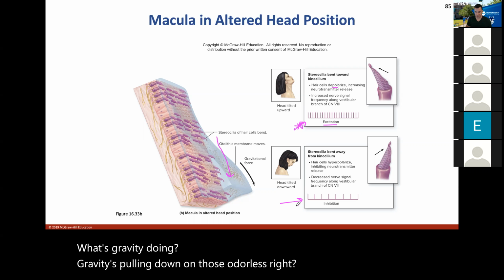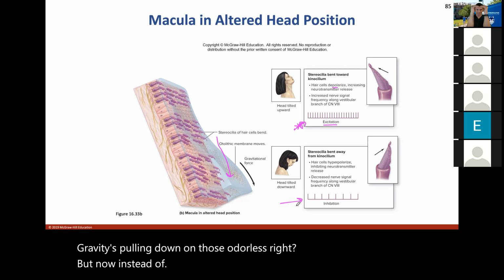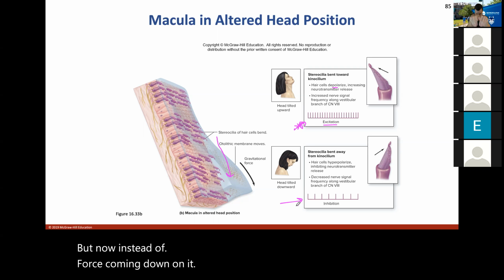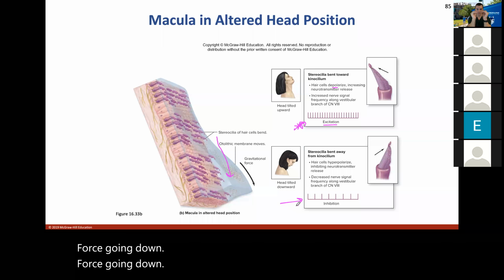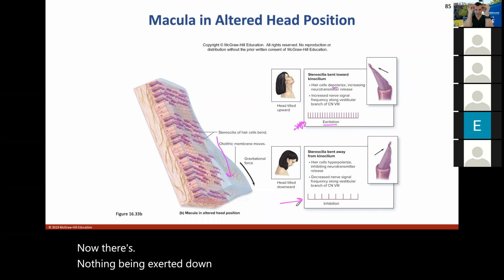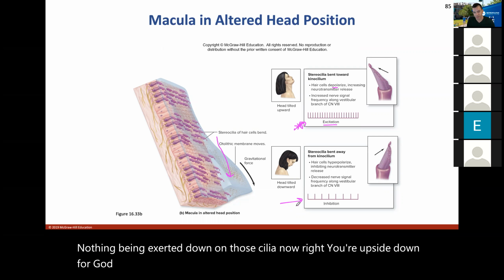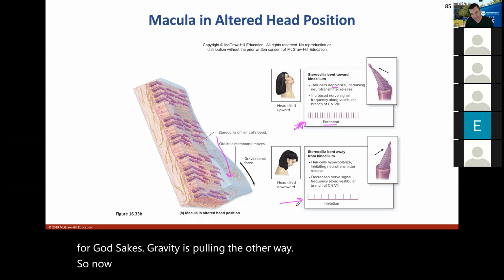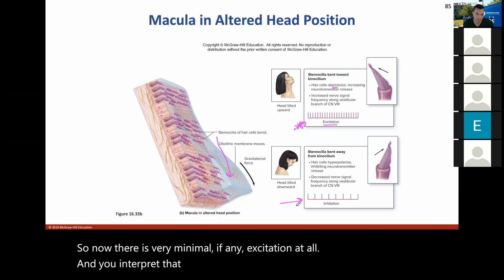But now instead of force coming down on it, force going down, now there's nothing being exerted down on those cilia, right? You're upside down, for God's sakes. Gravity's pulling the other way. So now there's very minimal, if any, excitation at all. And you interpret that as I'm upside down.